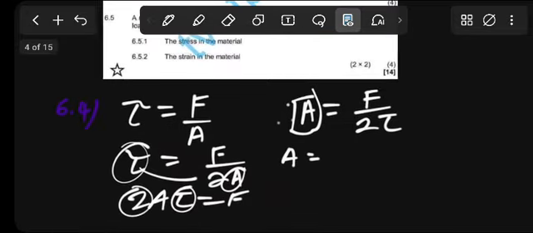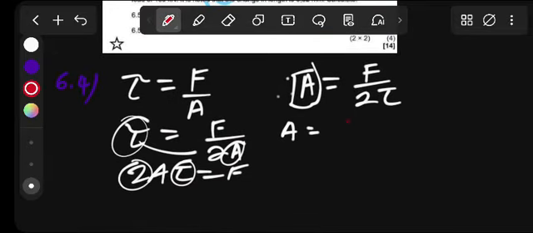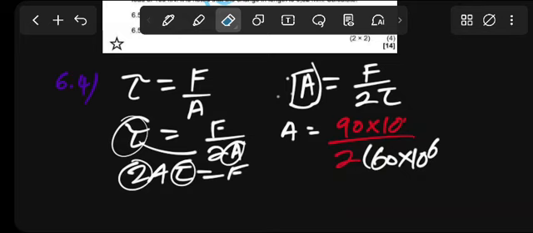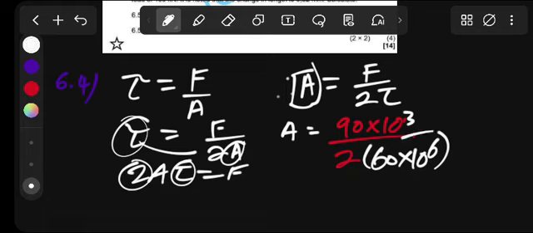So we have 90 times 10 to the power of 3 divided by 2 multiplied by 60 times 10 to the power of 6.